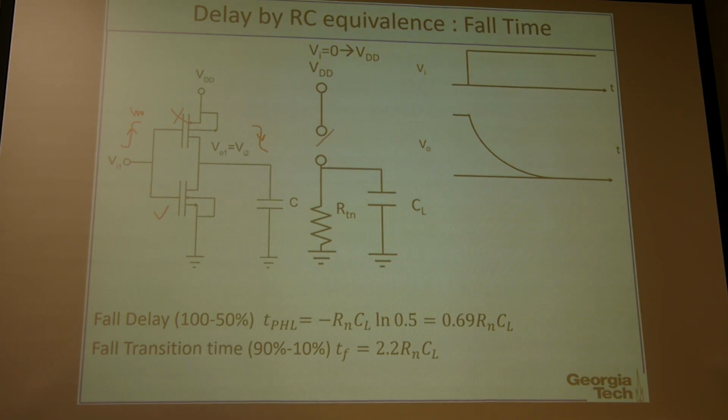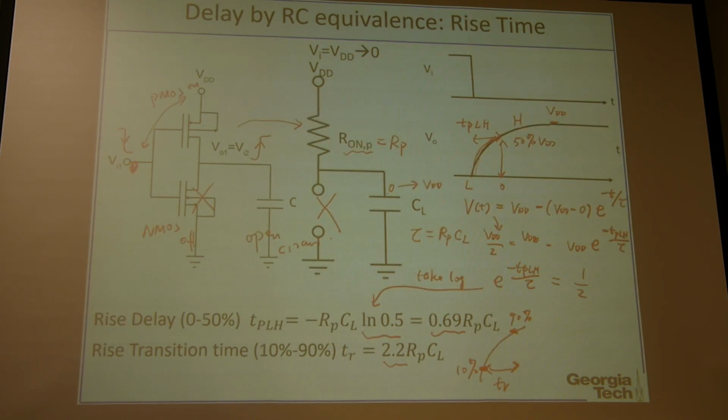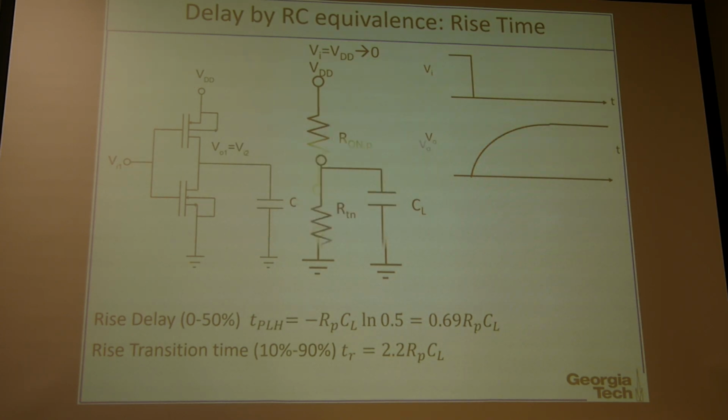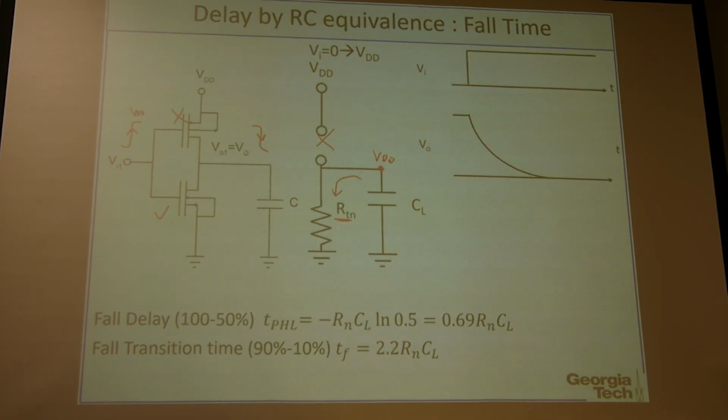So that's why here PMOS is like an open circuit, and NMOS is approximated as a resistor. And then your voltage VDD will be discharged through the resistor. So the other case is this voltage will be charged through Rp. Now this voltage will be discharged through Rn.